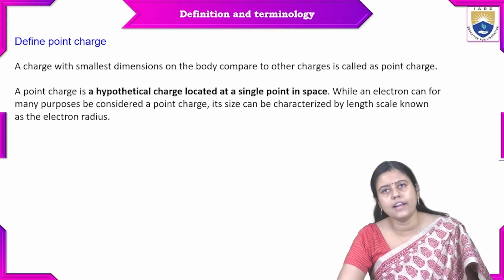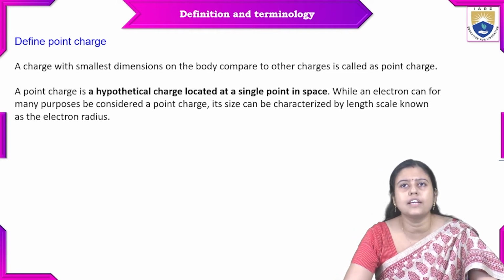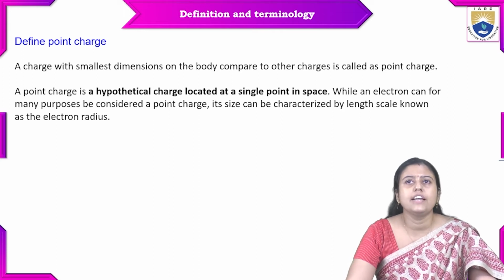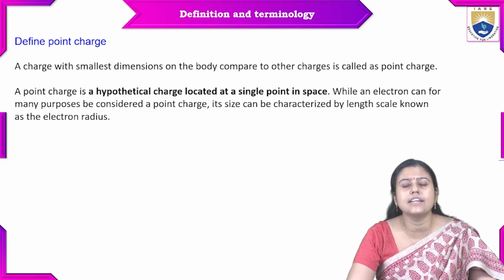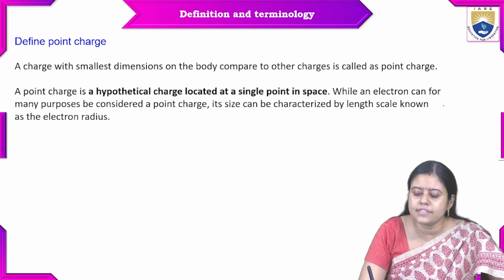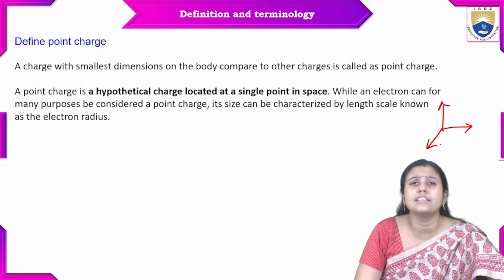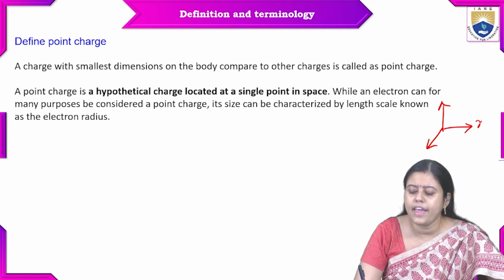So point charge is known as the smallest dimension body. As I told earlier also, a point charge is a hypothetical charge, or a fictitious quantity. It is located at a single point of space. Anything in space is three dimensional, x, y, z.